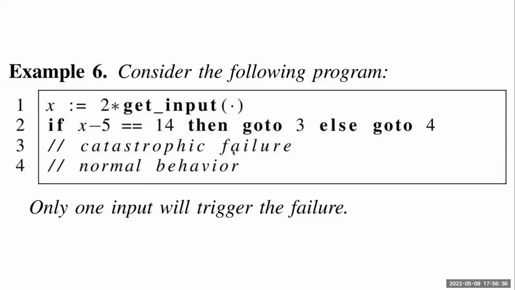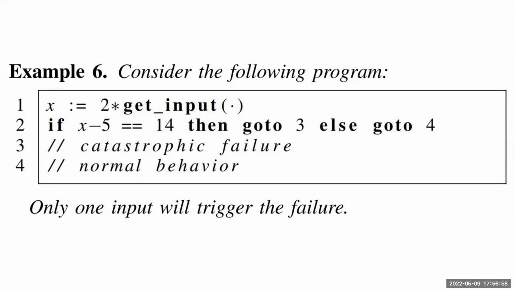That's why fuzzing and symbolic execution are used together. Here we use symbolic execution to guide the fuzzing, to guide us to generate better test cases.